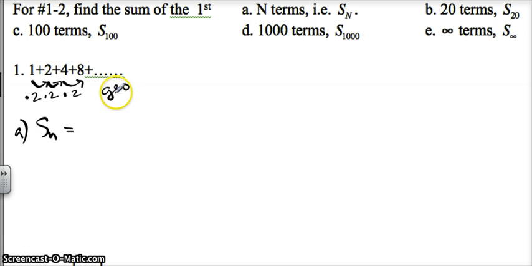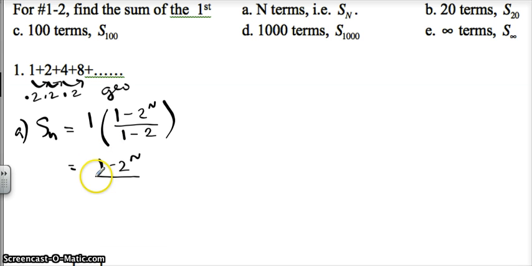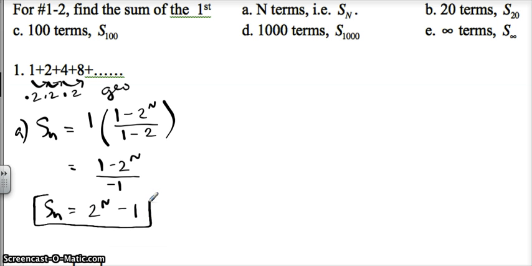Then since it's a geometric series, that's going to be our first term times 1 minus our ratio, 2, to the n power, over 1 minus our ratio, 2. Simplifying that out, we get 1 minus 2 to the n over negative 1, and that simplifies out to give us 2 to the n minus 1 by distributing that negative 1 on the denominator.